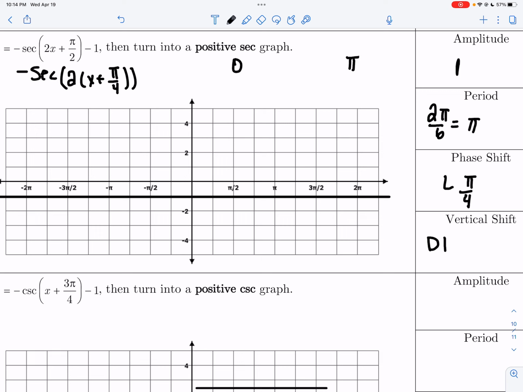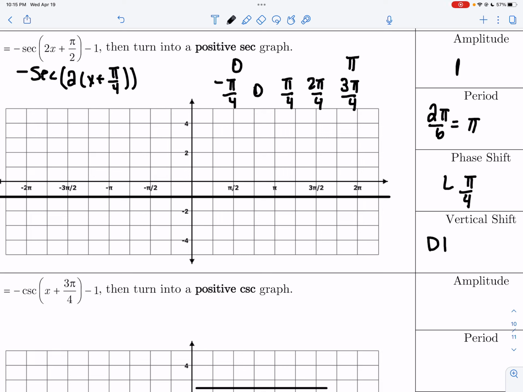Then I am going to first find my phase shift of left pi over 4. And then find the middle of that. So that's 2, that's pi over 4. This is 0. And then this is 2 pi over 4.